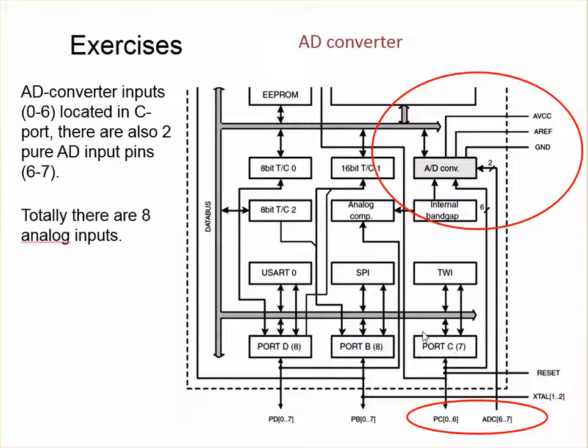You could either use these pins as digital pins by the C port, or the other functionality is to use them as the AD converter input signals. And here are also 2 pure AD converter input signals. Totally you could use 8 input signals for this AD converter. And here are the analog supply voltage, reference voltage, and ground, which go out of the chip.